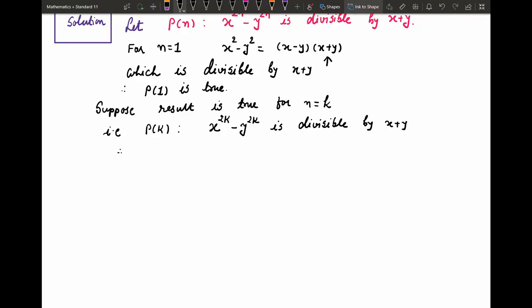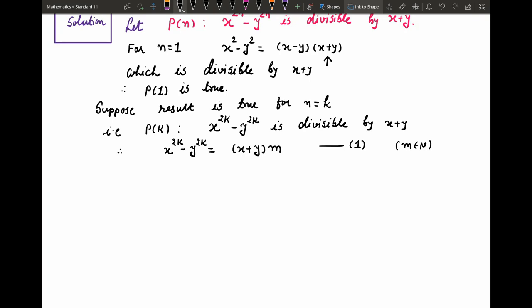Therefore, since this number is divisible by x plus y, x plus y must be a factor, so we can write x plus y into m, say result number 1, for some m belongs to n.